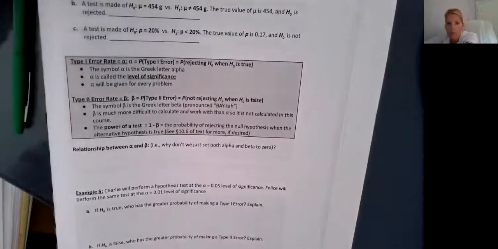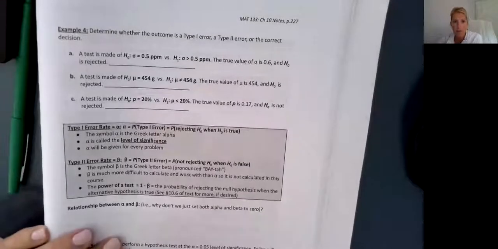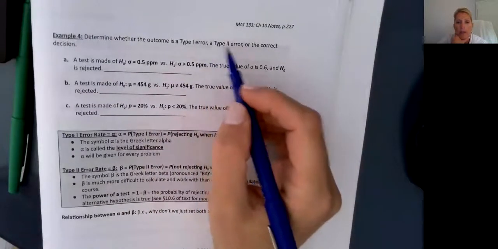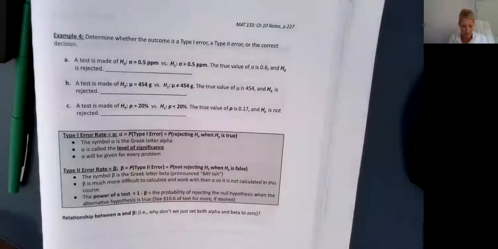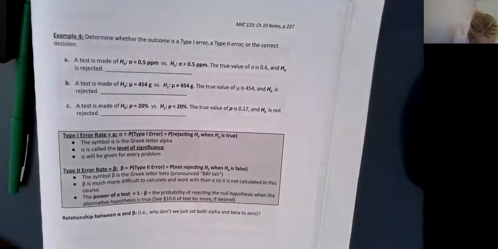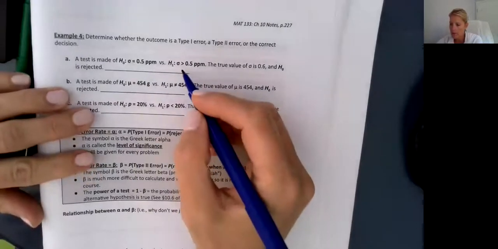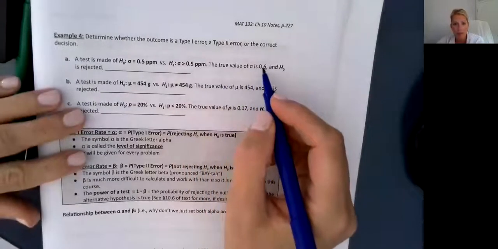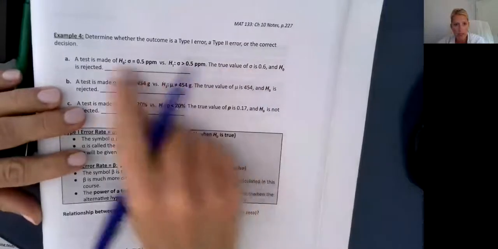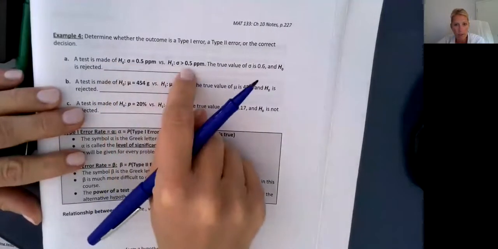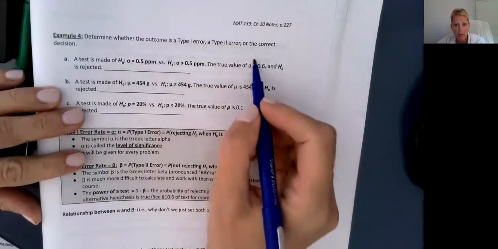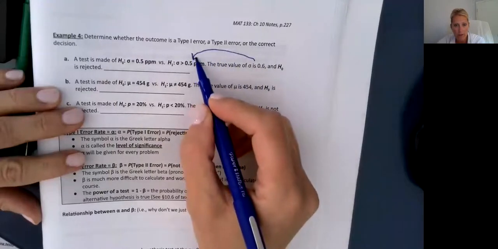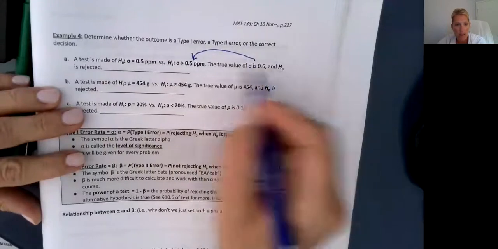So let's look at example 4 here. Example 4 says, determine whether the outcome is a type 1 error, a type 2 error, or the correct decision. A test is made of H0, sigma is equal to 0.5, versus H1, sigma is greater than 0.5. The true value is 0.6. So we ask, does the true value agree with H0 or H1? The true value actually agrees with H1, and H0 is rejected.